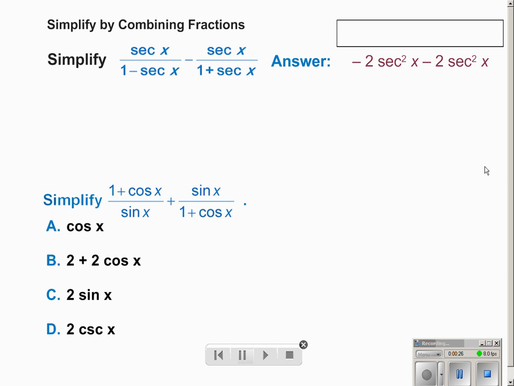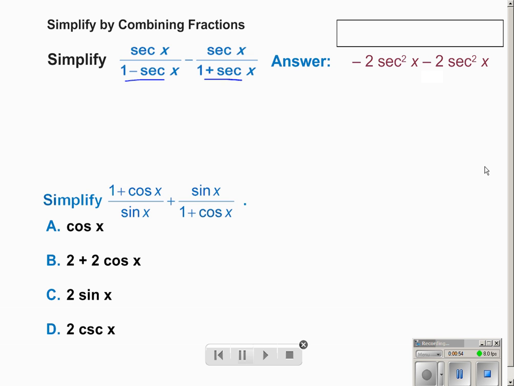So we see on this one, it's not a nice clean answer necessarily. But there is a good indication of what we should do on this one, because right away we see that we have two fractions being subtracted. Most of the time when you see that, you're going to want to get a common denominator and add or subtract those fractions. So here the common denominator, we see that they are actually conjugates, 1 minus secant x and 1 plus secant x. So we're going to multiply each side by the other denominator.